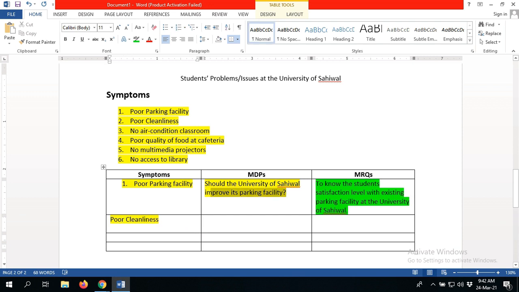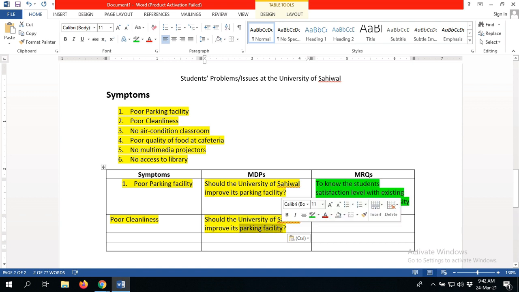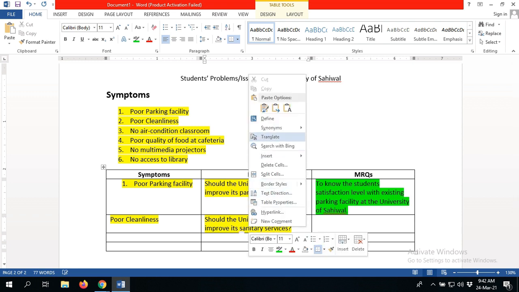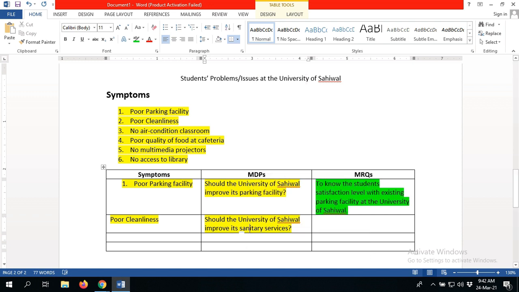Again we will write: should the University of Saiwal improve its sanitary services? So based on the poor cleanliness, the second symptom, we wrote that should the University of Saiwal improve its sanitary services.